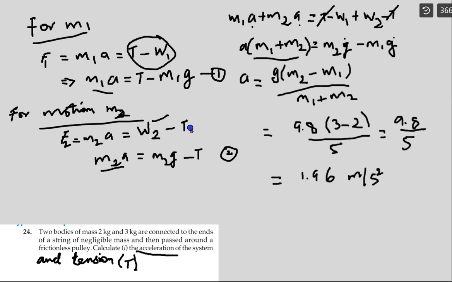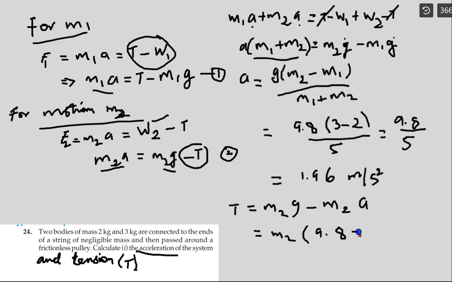If I use this, to find T, this minus T will be moved to the left hand side, so I will have T equals M2 g minus M2 A. I can take M2 common: T equals M2 times (9.8 minus A).